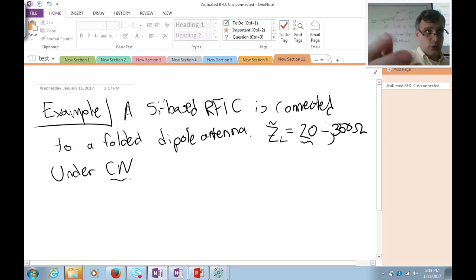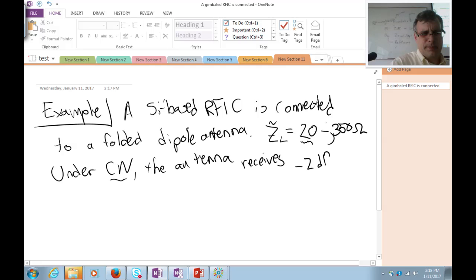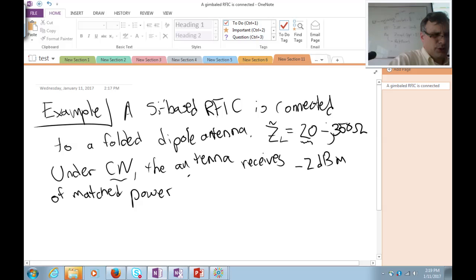Under CW excitation, CW stands for continuous wave, just a sine wave, the antenna receives negative 2 dBm of matched power. So this is our P sub R, not our P sub L. I'm going to put P sub R in parentheses.